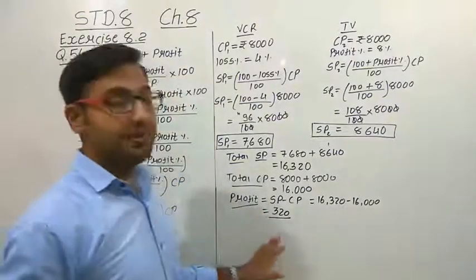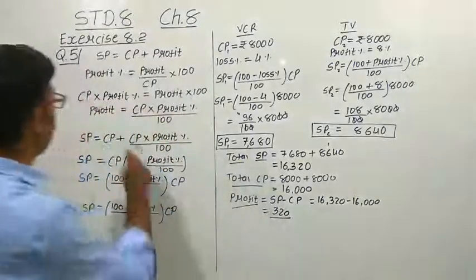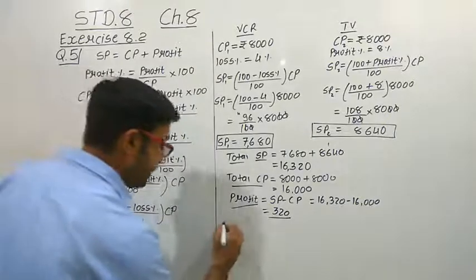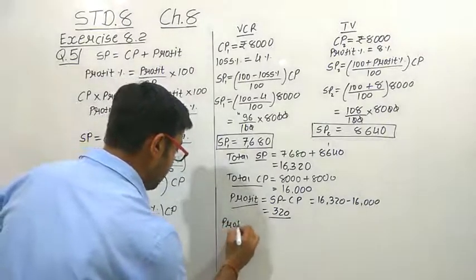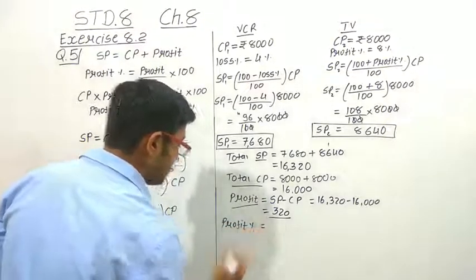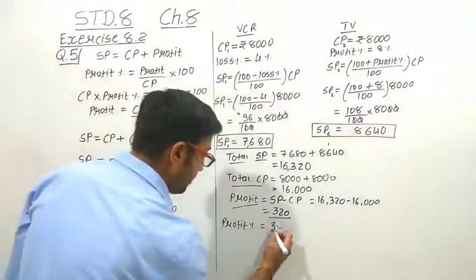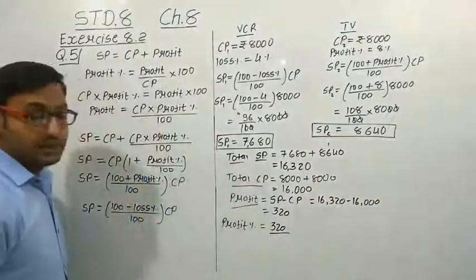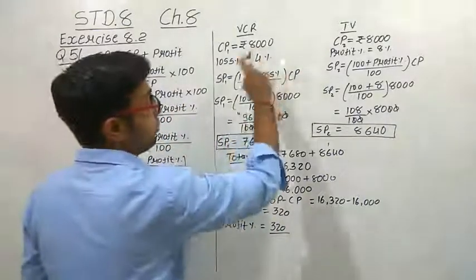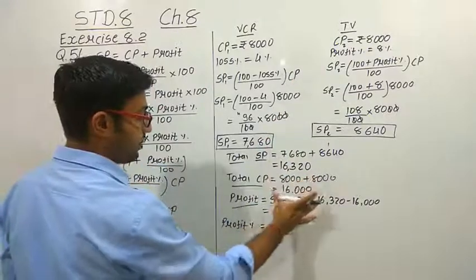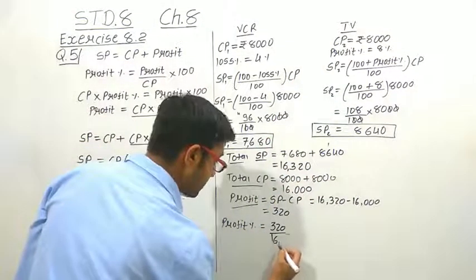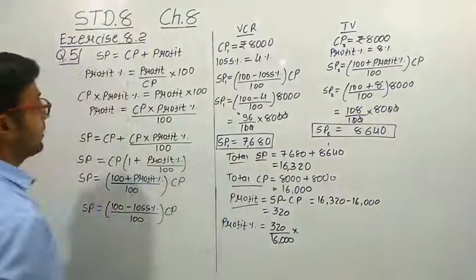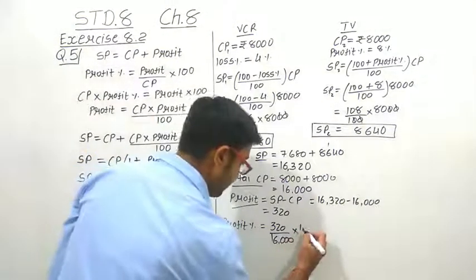Now we have to find out the percentage. So here we have the formula that profit percentage is equal to profit upon cost price into 100. So the profit percentage is equal to, what is the profit? 320, right? This is the profit upon cost price. Here we do not have to take the particular cost price, we have to take the total cost price, that is 16,000, and here we have to multiply it with 100, right?